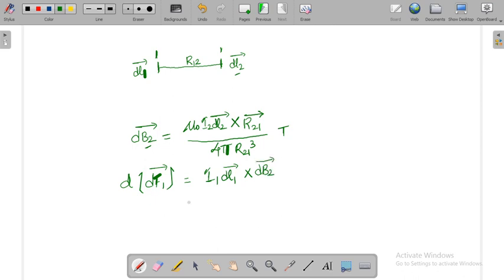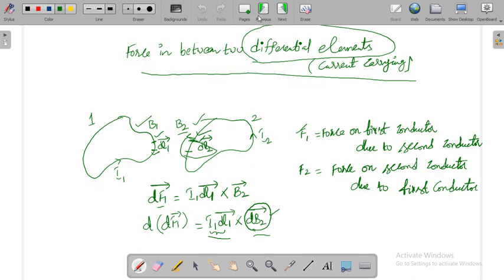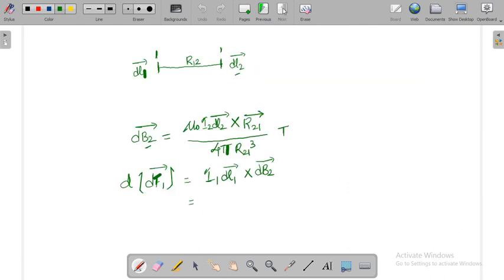Now I am writing dl1 bar as it is, cross, in place of dB2 bar I can write mu naught I2 dl2 bar cross r21 bar by 4 pi r21 cube.